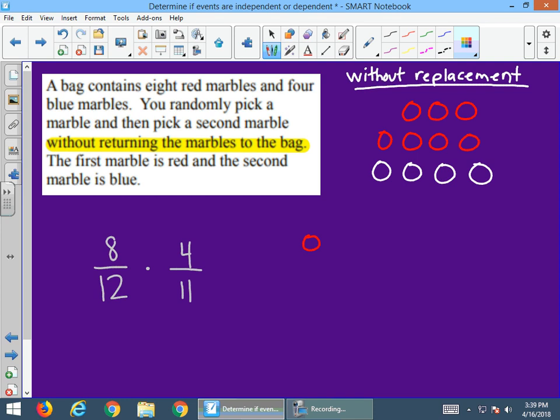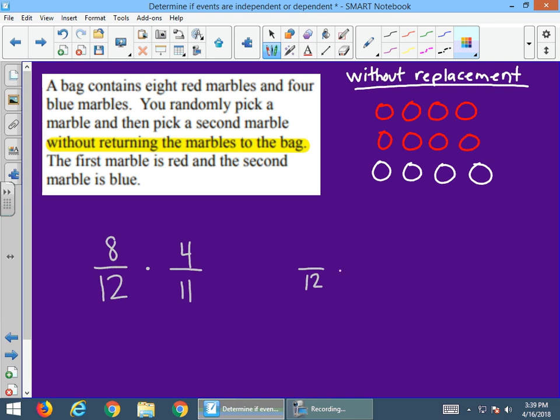If I don't pick a red marble first, let's assume that when I drew out of that bag, I did not select a red marble first. Then that would change the probability of getting a blue on my second draw.